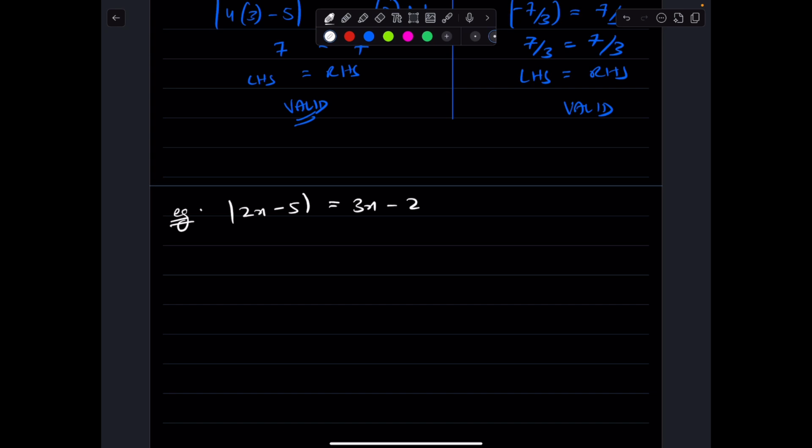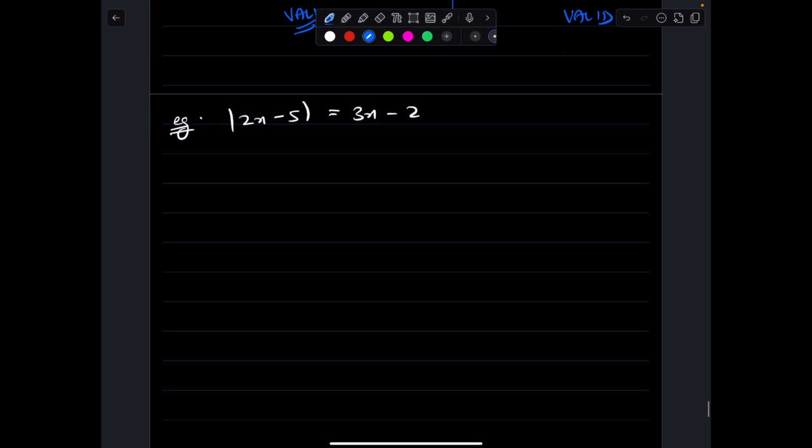So again, we have two expressions on both sides, but a modulus only on one side. So we'll solve this as we always do. So we have 2x minus 5 equals 3x minus 2, and we have 2x minus 5 equals minus of 3x minus 2, taking the minus outside the bracket.